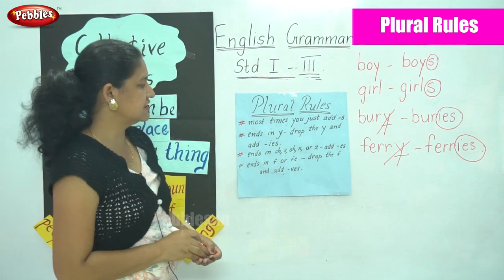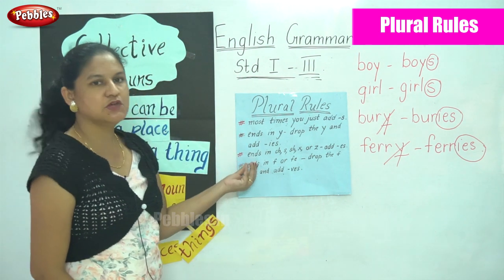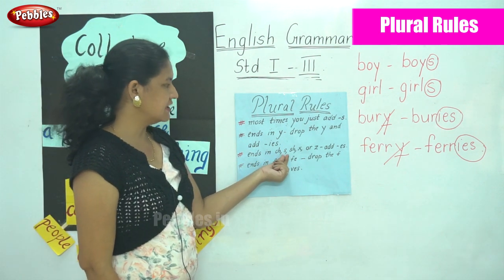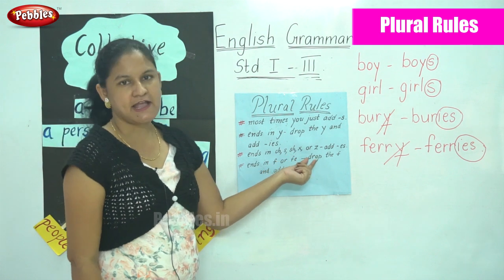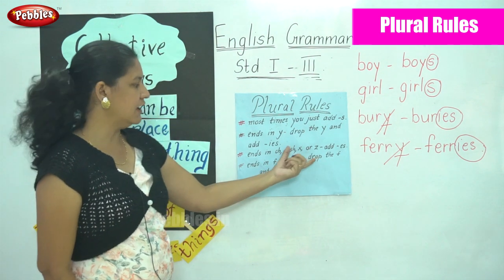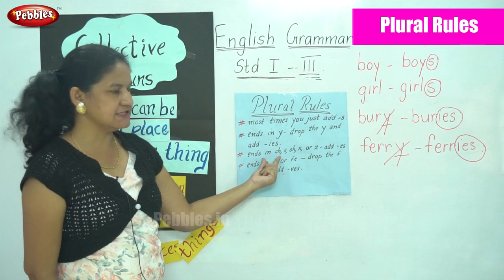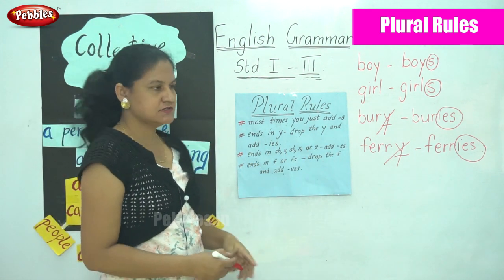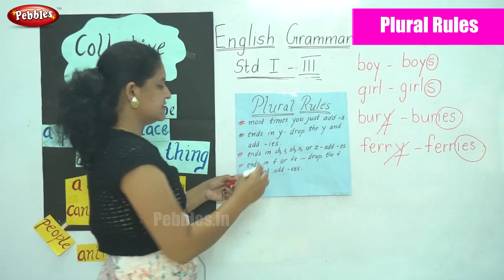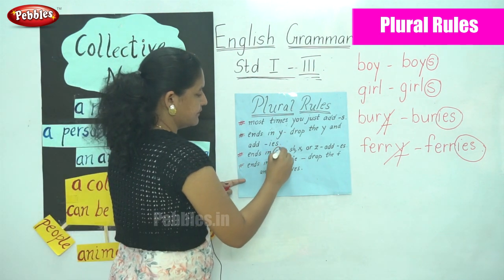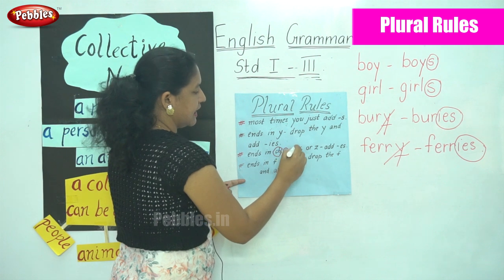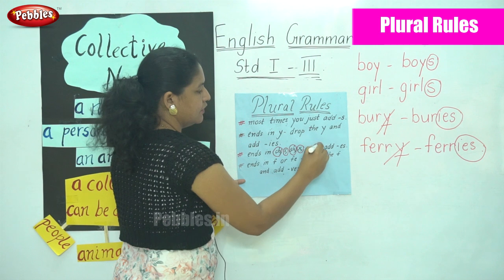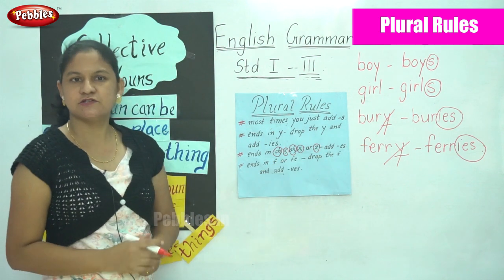Now moving on to the third rule: if the word ends in ch, s, sh, x or z, then we add es. So when a word ends in ch, s, sh, x or z, we add es to the word.